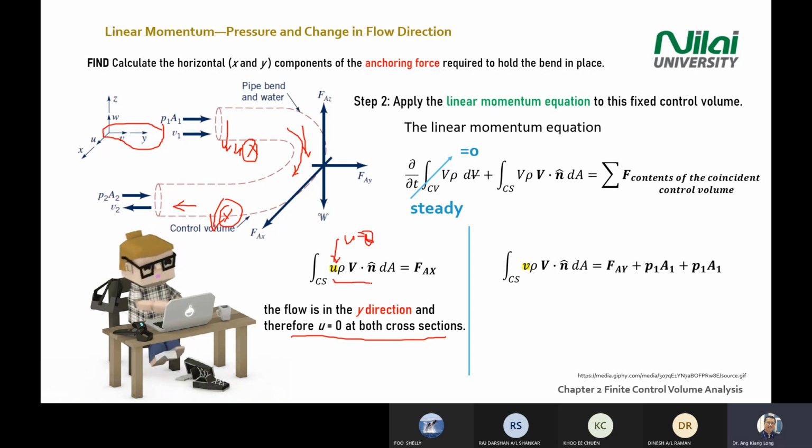So when this one is 0, this one is also 0, so your Fx equals 0. This is actually free marks if you understand the question.